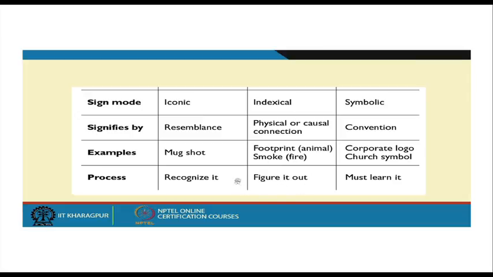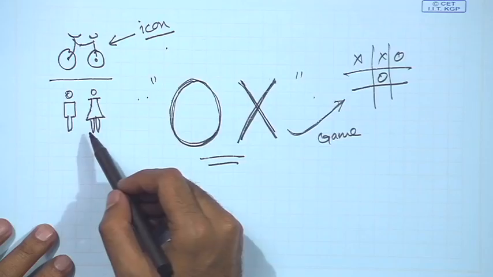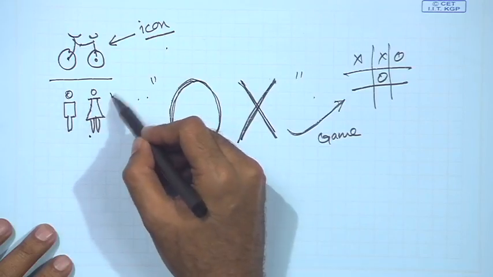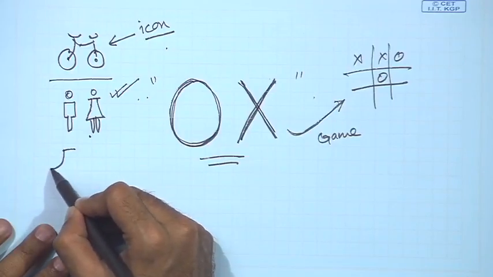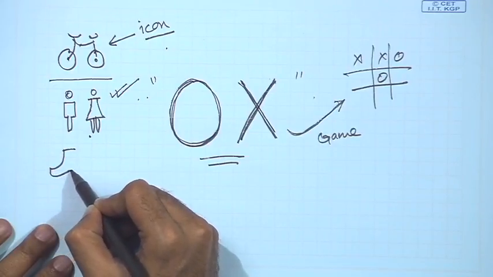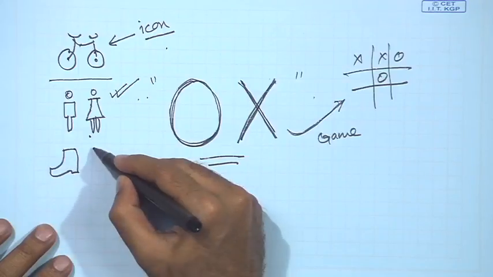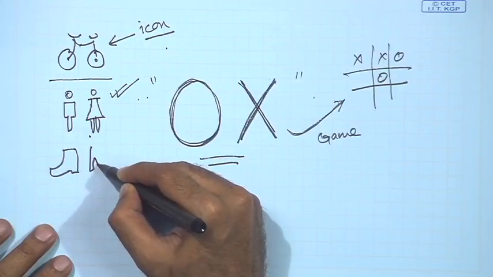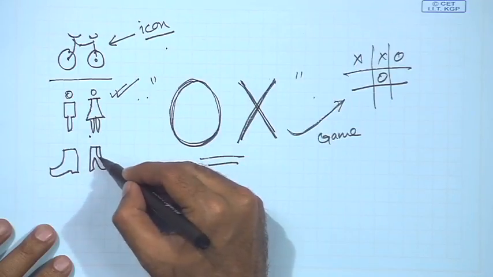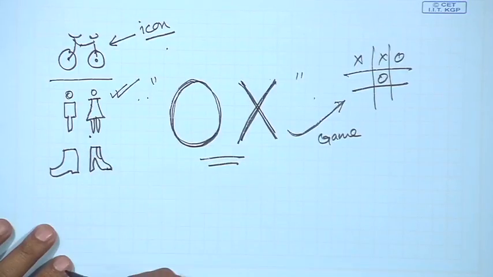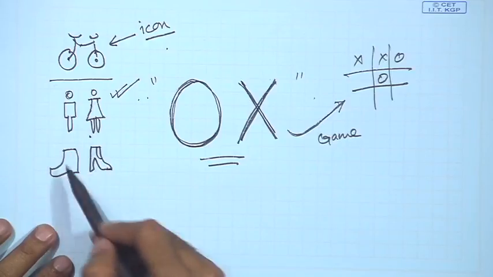I will give you an example, the same toilet signage. Say I represent it this way: I show the footwear of the different genders.